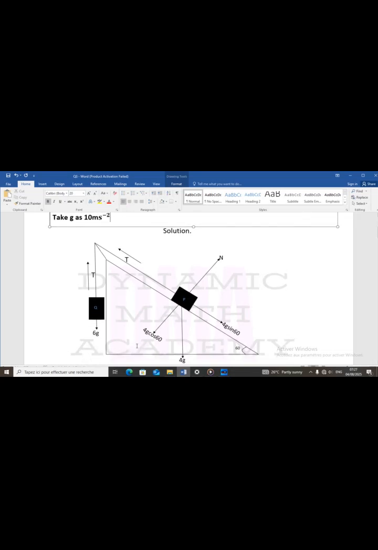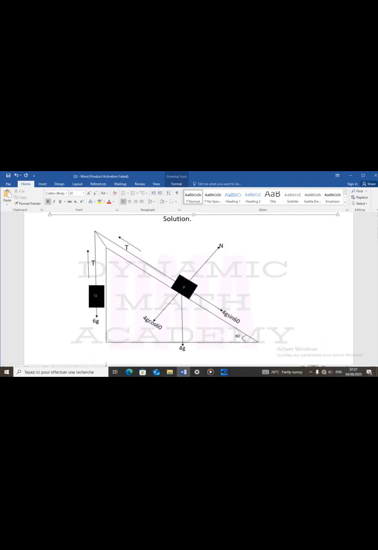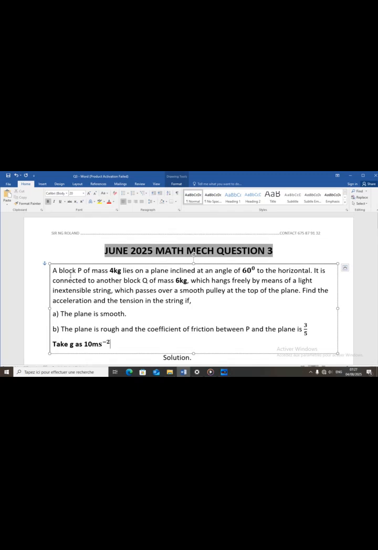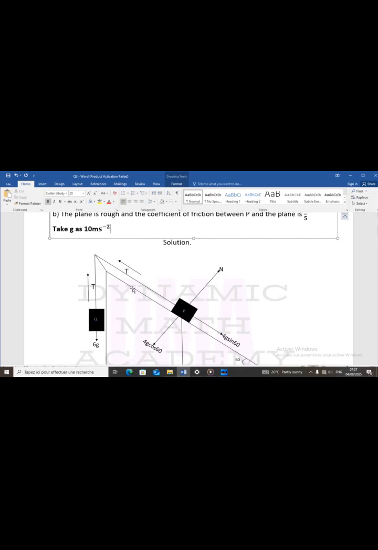Okay, let me explain the diagram. Q is hanging freely and P is on the plane. The angle is 60 degrees from the question: a block P of mass 4 kg lies on a plane inclined at 60 degrees. So P has a mass of 4 kg and it lies on a plane. This is the plane here, 60 degrees. Hope we are okay.